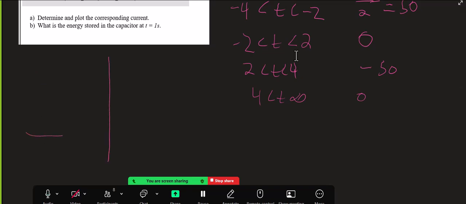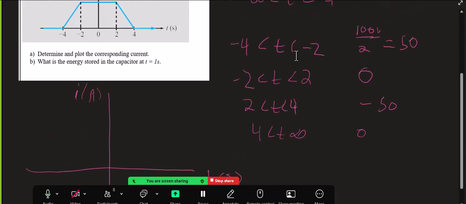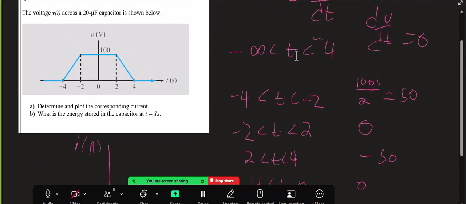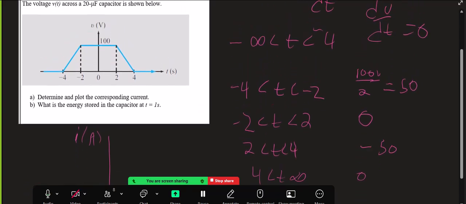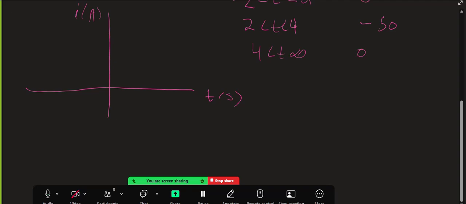So your time axis is going to be time in seconds, and your current axis will be current in amps, because it was volts. If it was millivolts, then it'd be milliamps. And our numbers are 0, negative 50 and positive 50, at negative 4, negative 2, 2, and 4.